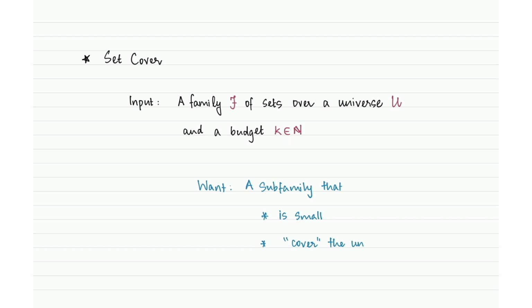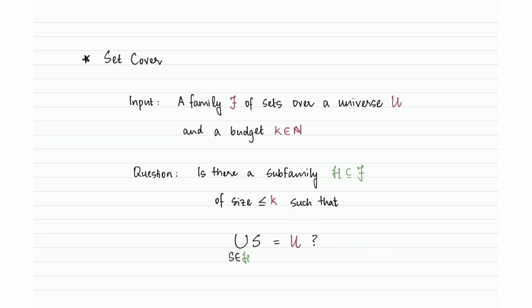And by this I mean that if you look at all the sets in your subfamily, you want every element in the universe to appear at least once. So in other words, just to make this a little more precise, the question we are interested in is if there is a subfamily of size at most k, such that when you take the union of all the sets in the subfamily, you get U, which is your original universe.